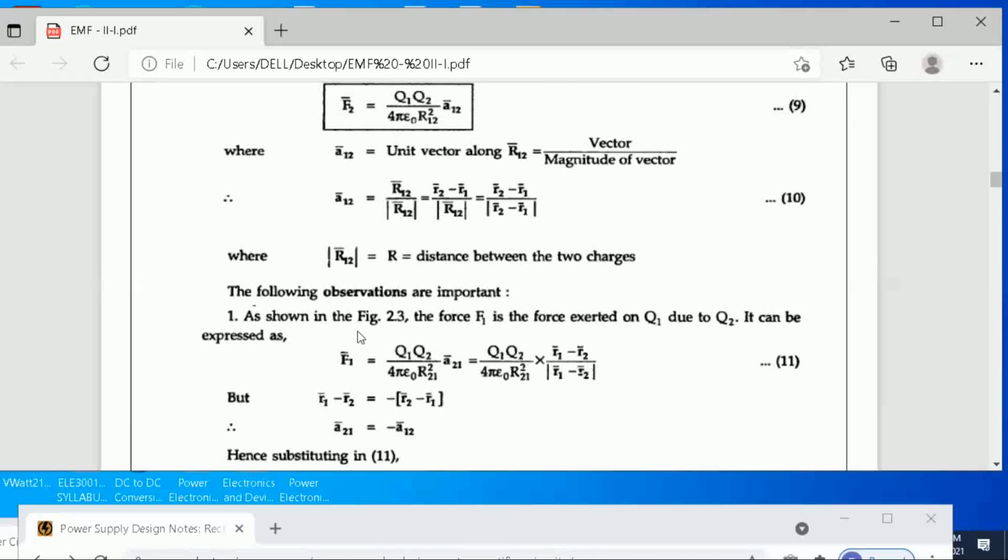So the force exerted on Q1 due to Q2 is the same except the direction of the vector.